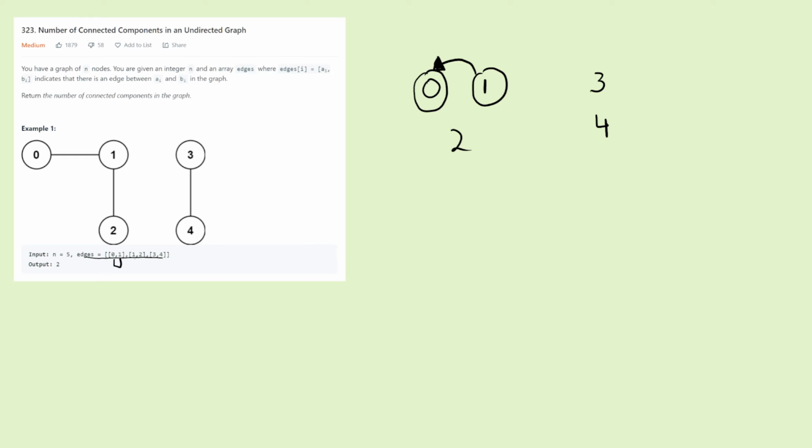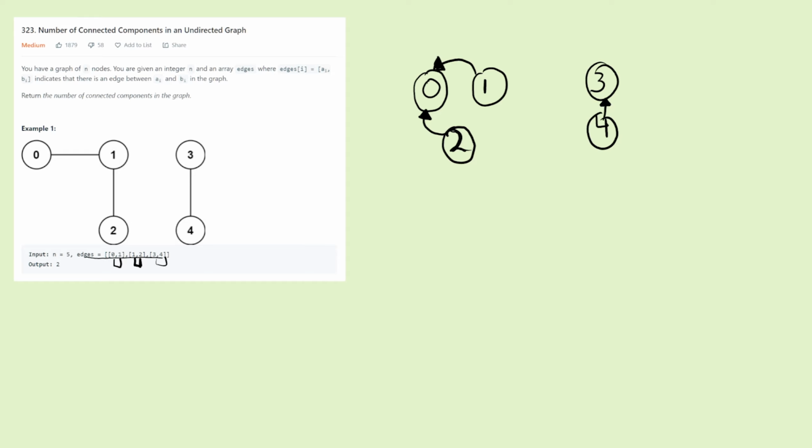And once we union 1 and 2 here, we're going to first do a find on 1 to find its parent node and do a find on 2 to find its parent node. And since 2's parent node is itself and 1's parent node is 0, we're just going to link 2 to 0 here. And similarly for 3 and 4, we'll just arbitrarily call 3 as its parent.